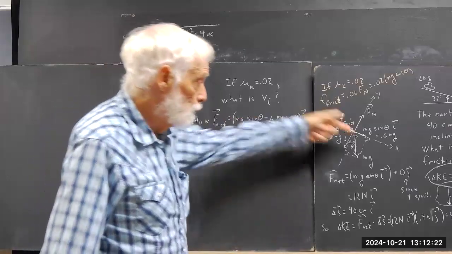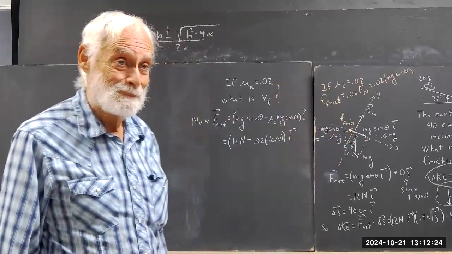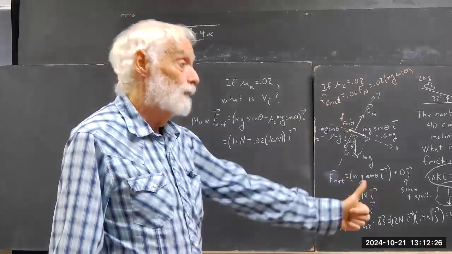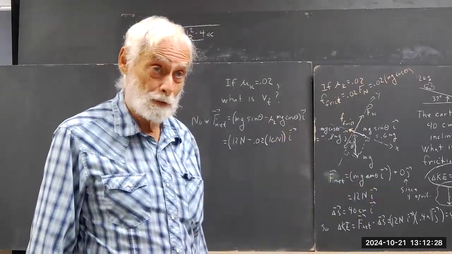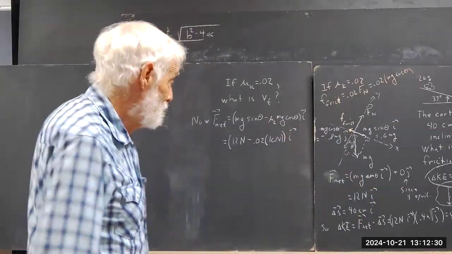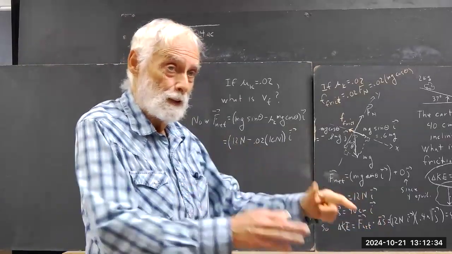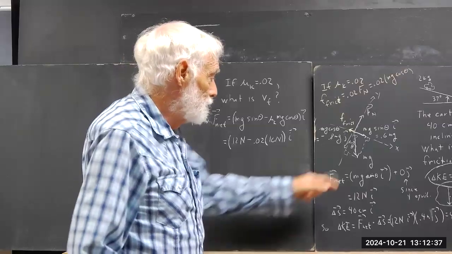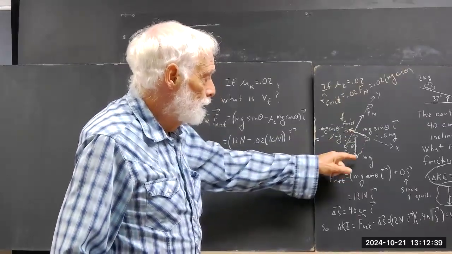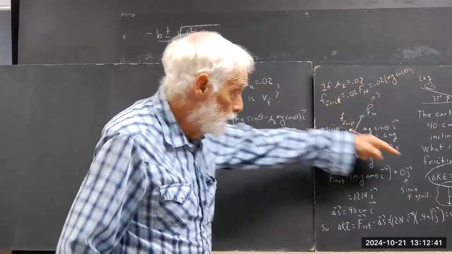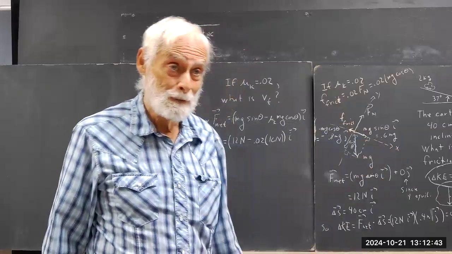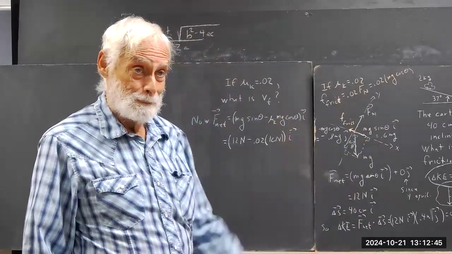This is minus because look at your arrows. One's in the positive x direction, one's in the negative x direction. Okay. And just think about what's going on. The thing's trying to get down the incline, being accelerated by the component of the gravitational force in the x direction, with friction opposing it.